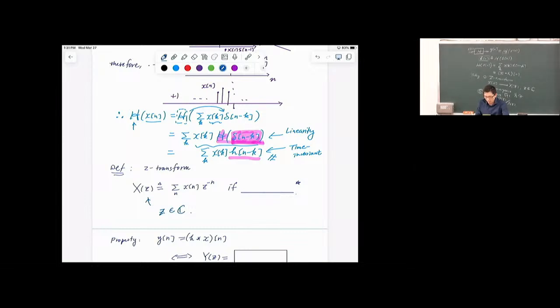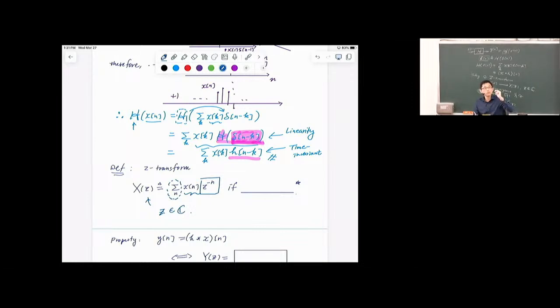The definition is a summation over all possible n. When I don't write the range, in the most general case, n goes from minus infinity to infinity. So we sum over all n, multiplying our signal with z to the minus n power, that is to say z inverse to the nth power.